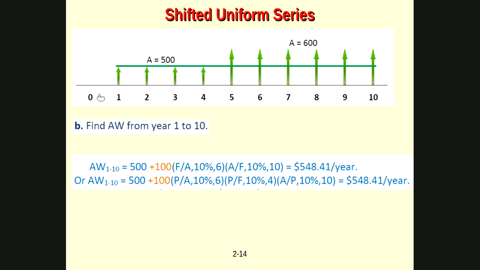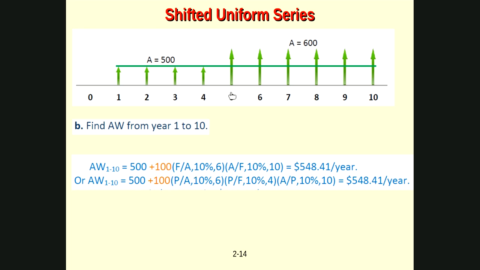Now, let's see the easier way, which is the second way, which is using the future. In the future, he's going to convert the 100 that remained in the 600 to year 10 using F given A for 6 years.